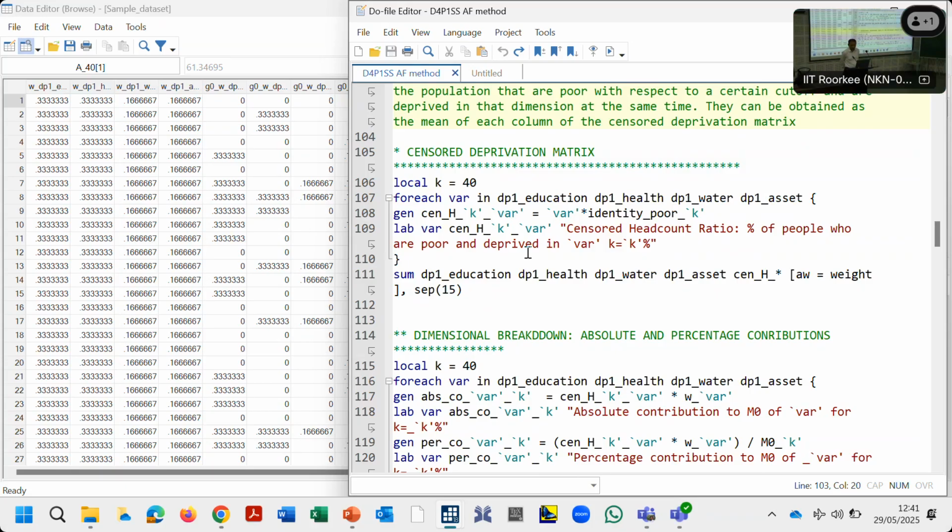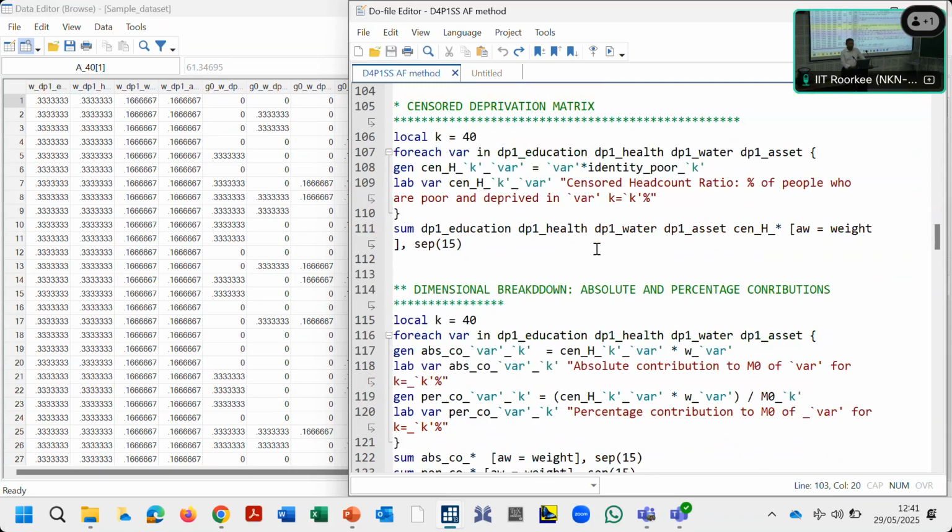Yes, how do we create the censored deprivation? So for each of these variables, you know they are 0, 1, right? For each of these variables, we are creating a new vector, which is that variable reflecting uncensored deprivation, and we are simply multiplying by the 1, 0 variable that gives me poor or not.